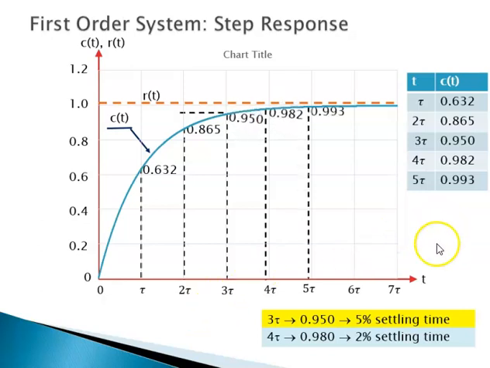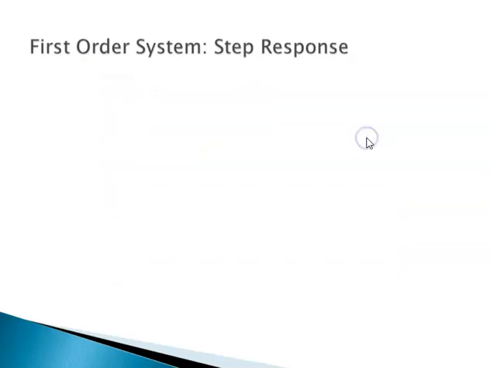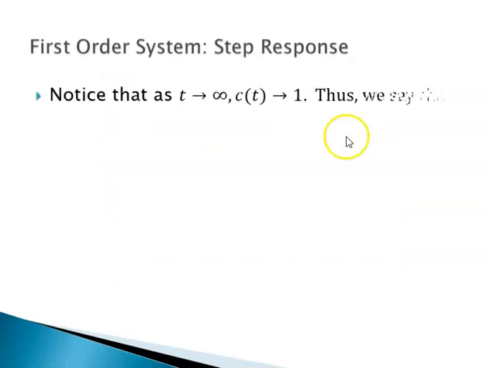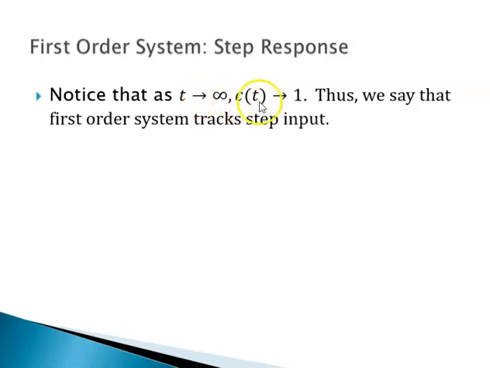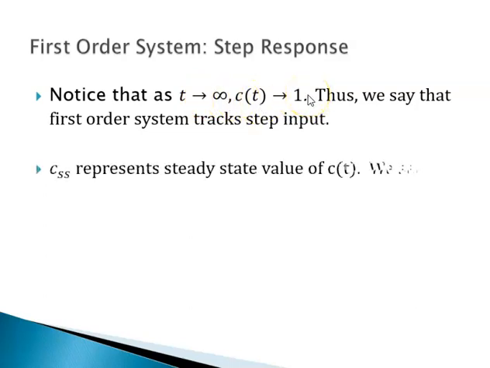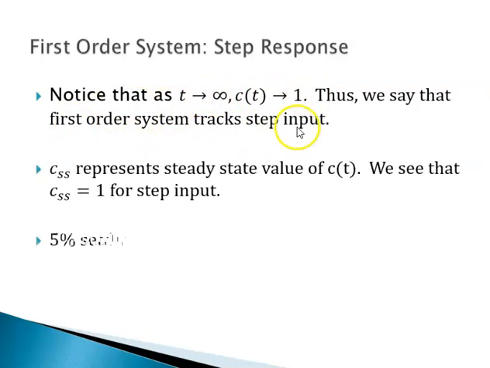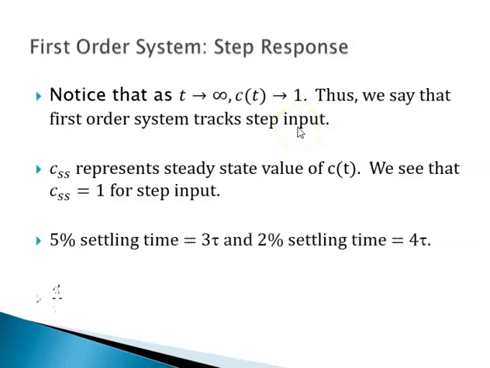If it goes to 5 tau, 6 tau, this c of t graph comes closer and closer to the unit input value given there. We may notice that as time t tends to infinity, c of t tends to 1. And we say that the first order system tracks the step input.